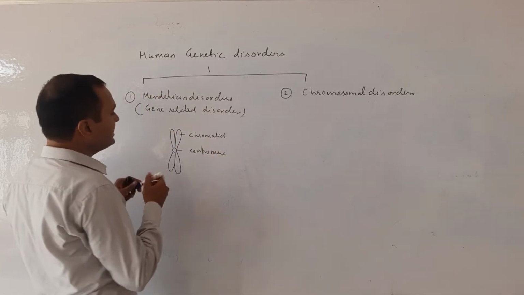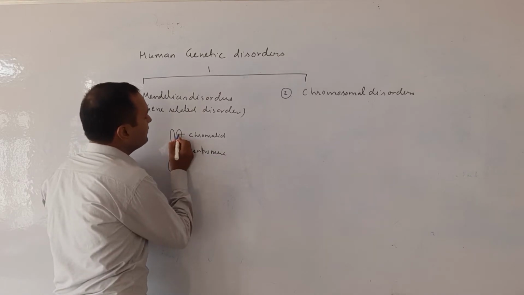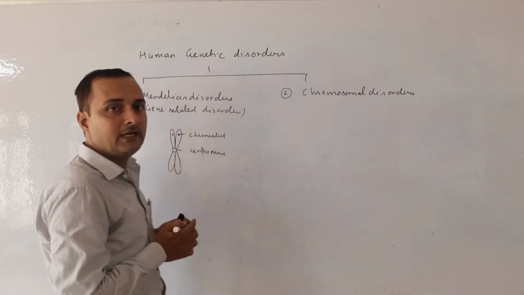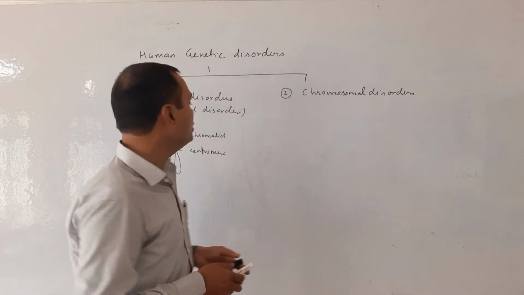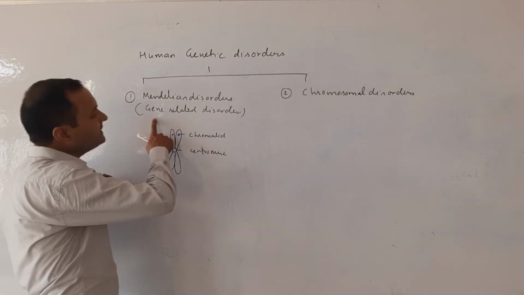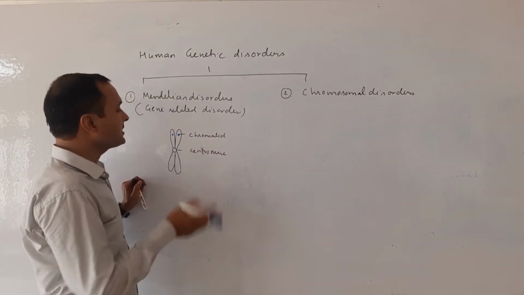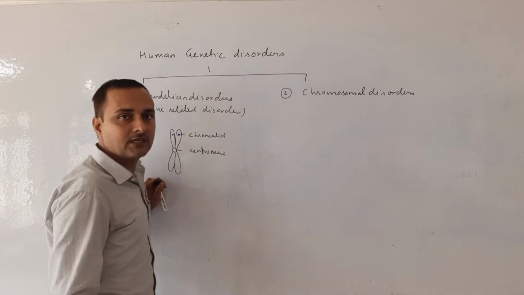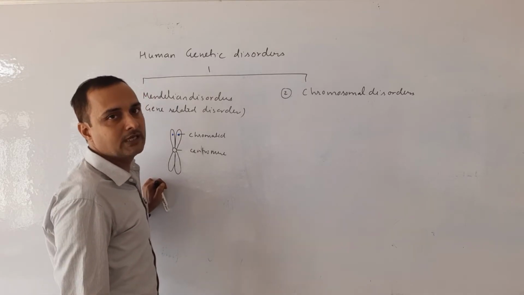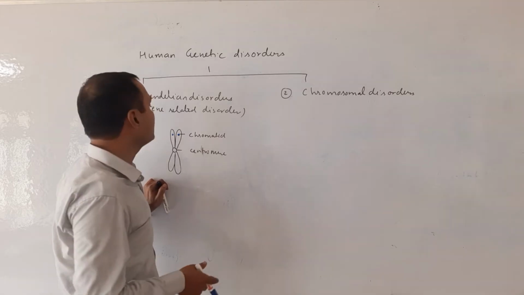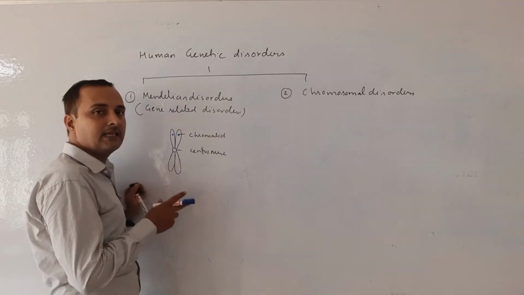When certain genes present on the chromosome become non-functional, or mutated, and cause disease in humans, that is known as gene-related disorders.